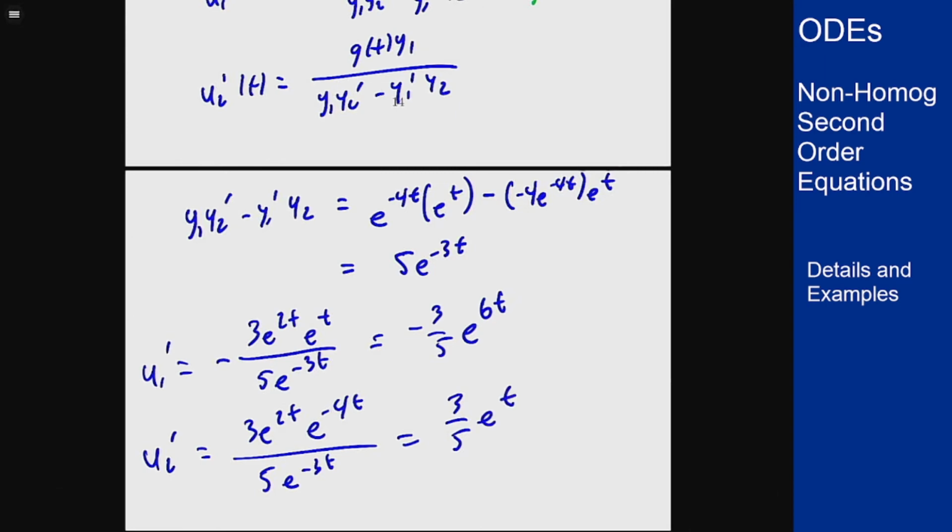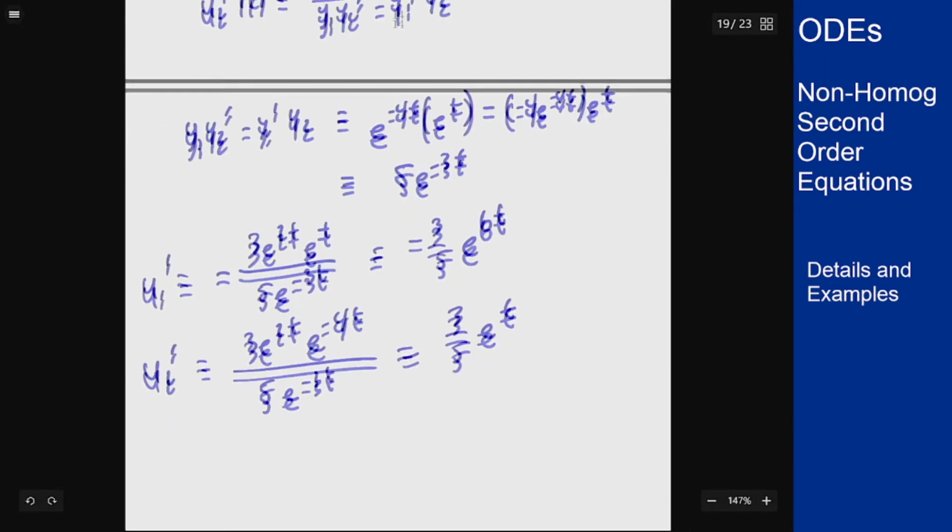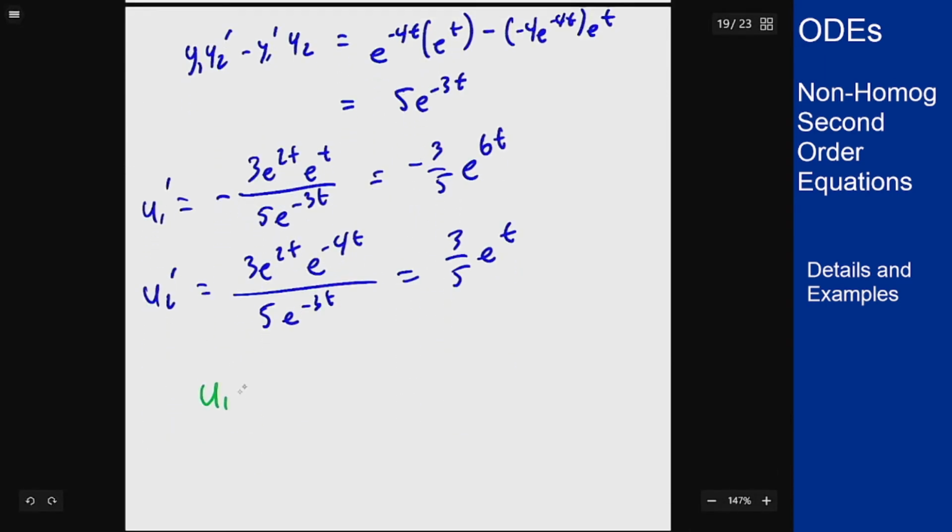Now I can integrate both of these so that u1 is going to be negative 3 over 30, the 6 times 5 on the bottom, e to the 6t. I'll put a plus c1 here so we can see where that goes. And u2 is going to be 3/5 e to the t plus c2.